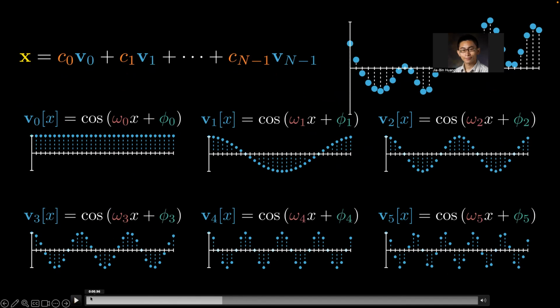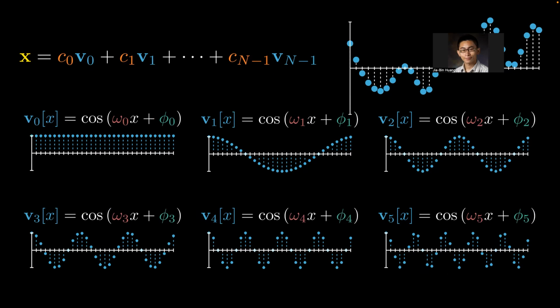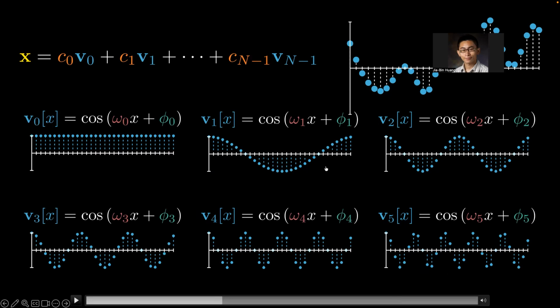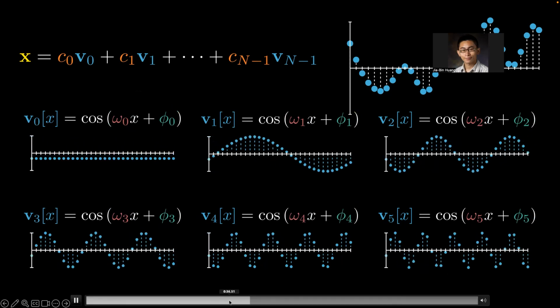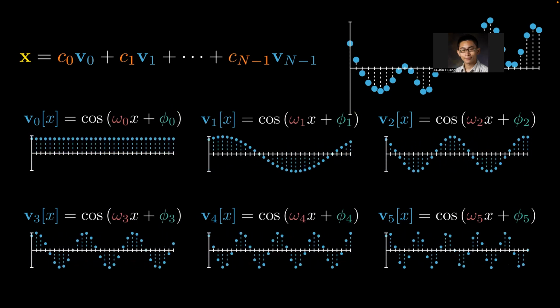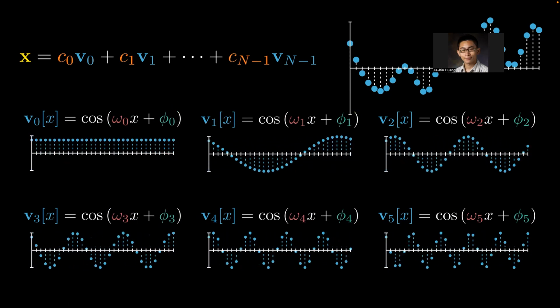For example, you have zero frequency, which is just a constant value, and then some lower frequencies, like 1 cycle, 2 cycles, and so on. You can also change the phase.